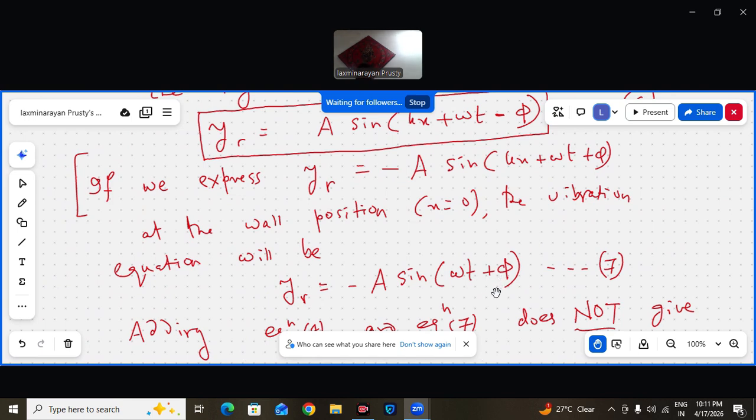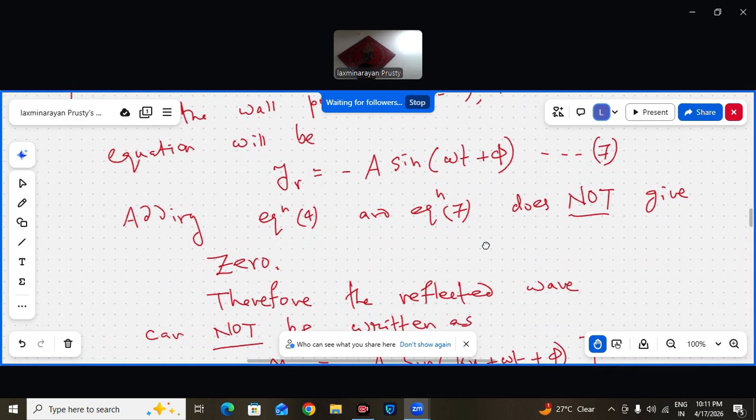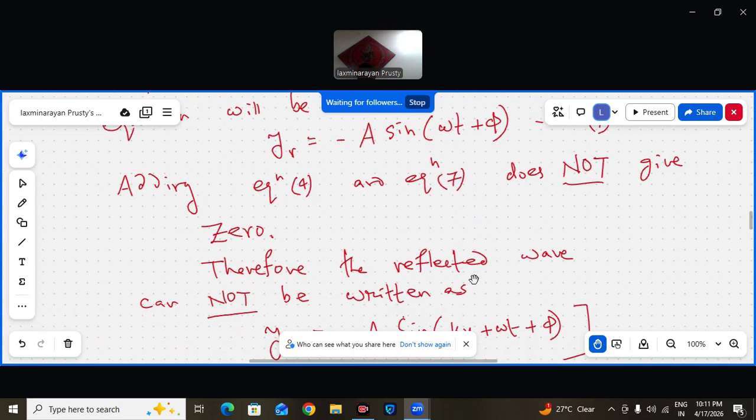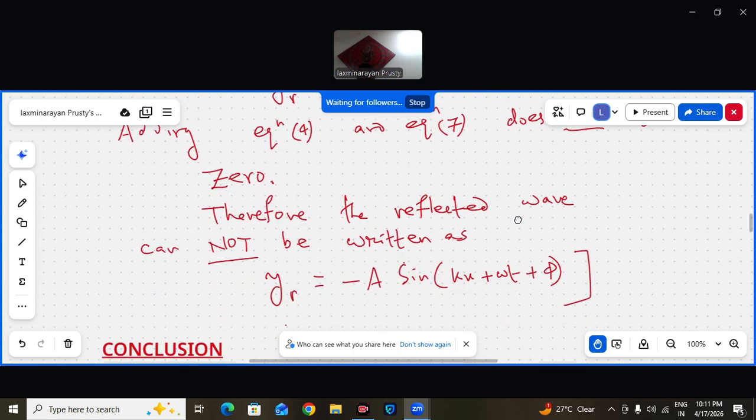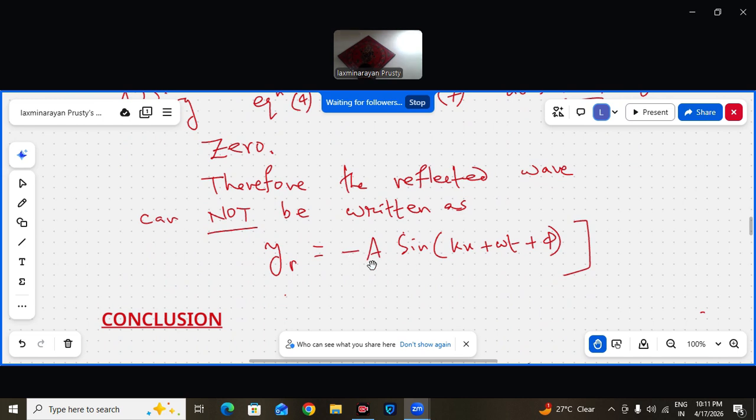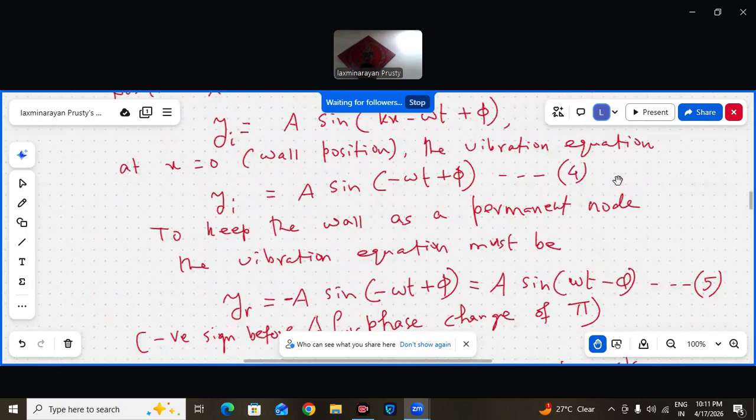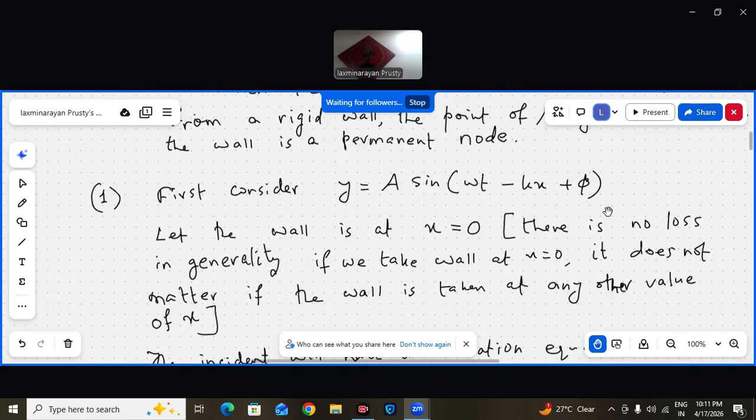They won't cancel. So the wall will not be a node at all. So that's why the reflected wave cannot be written as minus a sin(kx + ωt + φ) with a minus sign here. We can't write that. That's what the question is.